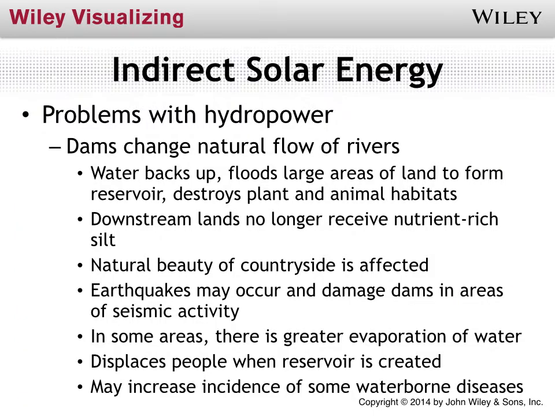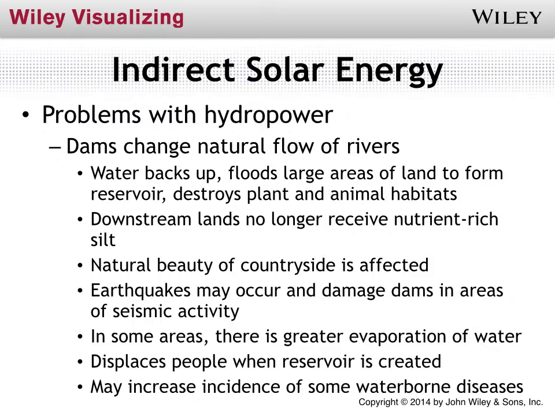As I mentioned, dams are required to harness hydropower, and they are the biggest problem because they completely change the natural flow of the river system that they dam up. The water backs up, it floods big areas, and of course creates large lakes instead of rivers. It can benefit some animals, like fish, reptiles, and amphibians, but it can also destroy other habitat, so a bit of a trade-off.